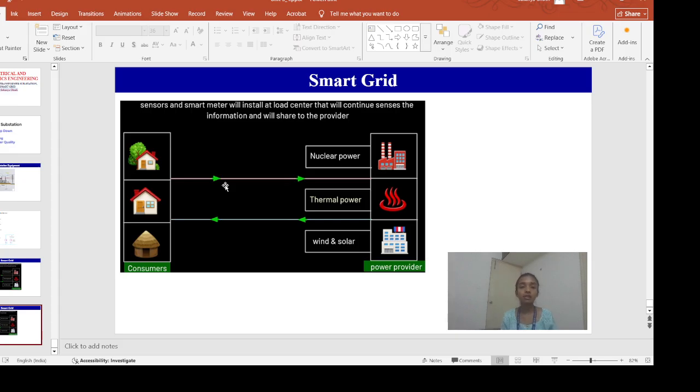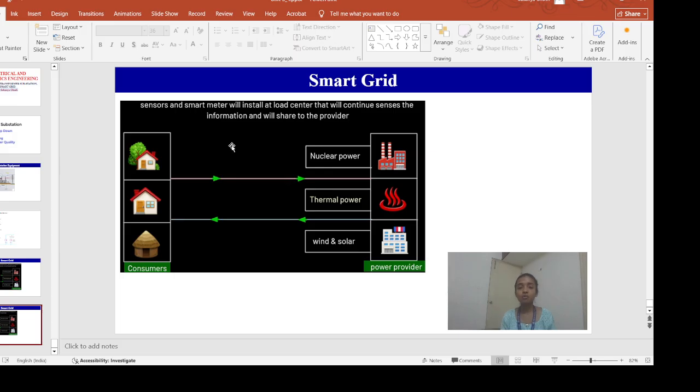But we don't get information from that electricity bill about how much we consumed at different times of the day, and obviously the electricity consumption is not the same.